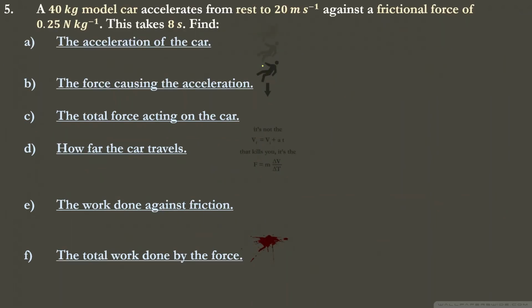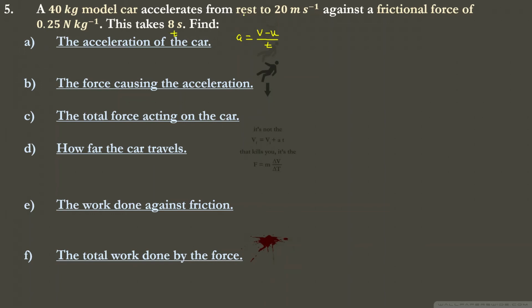Okay. First thing we need to look at is question A. We need to find the acceleration of the car. We know that acceleration is equal to the final velocity minus the initial velocity over time. Okay, we know that time is 8 seconds.